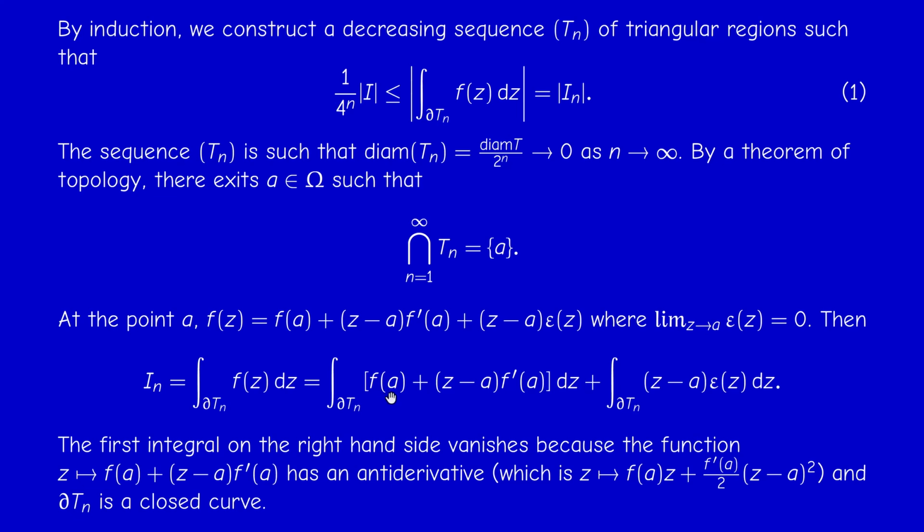An antiderivative of f of A is just f of A times z, and an antiderivative of this first order monomial is f prime of A over 2 times z minus A squared. So by Barrow's rule, this integral is 0 because it's an integral over a loop of a function having an antiderivative. So this term cancels. So we are left with this term, and we'll prove that it tends to 0 faster than 4 to the n. Okay.